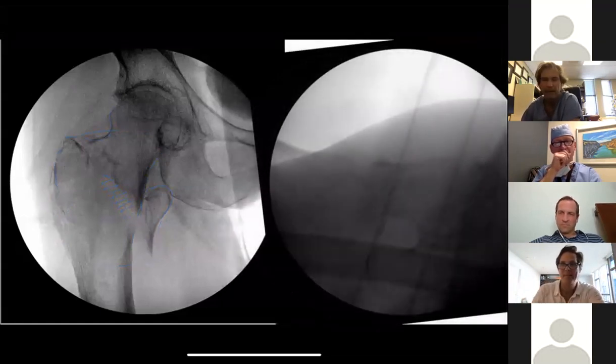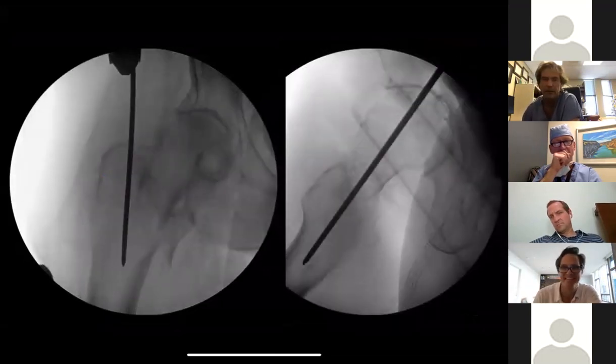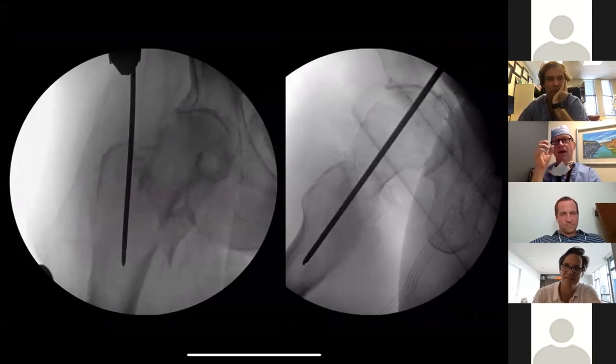So here's our lateral. Sucks, right? Can't see squat. So we're going to redo it. And there's our lateral. See it a lot better. All right, no open exposure. Doesn't the neck look like it's way too long or something on the lateral?